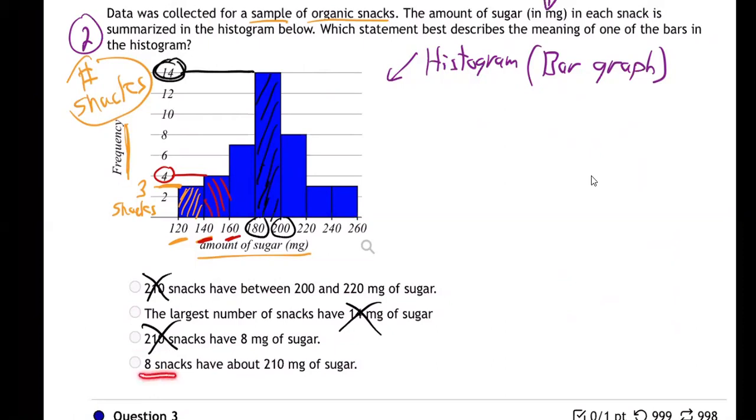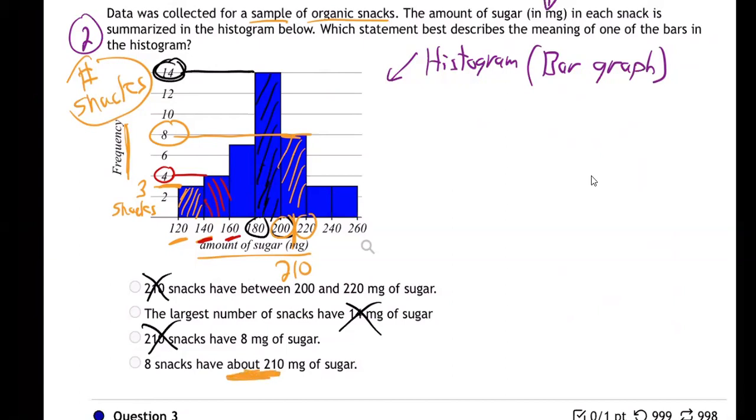Next one. 8 snacks have about 210 milligrams of sugar. Is that true? 8 snacks hits right here between 200 and 220. Yeah, 210 is about the middle. It just says about, so it doesn't have to be exact.